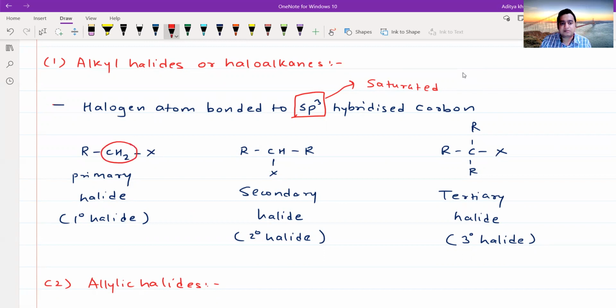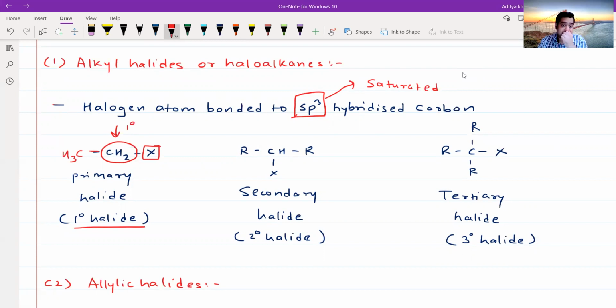Here, if I just replace this R with another CH3, this CH2 has a halogen attached to it, and this CH2 is attached to only one carbon. When this happens, the carbon to which the halogen is attached is bonded to only one carbon. It is called a primary halide, or 1-degree halide, since this carbon is called a 1-degree carbon.